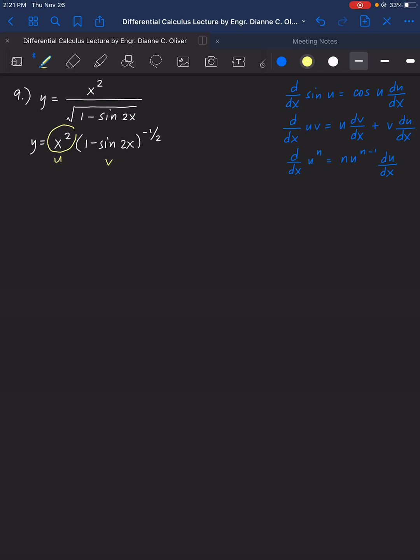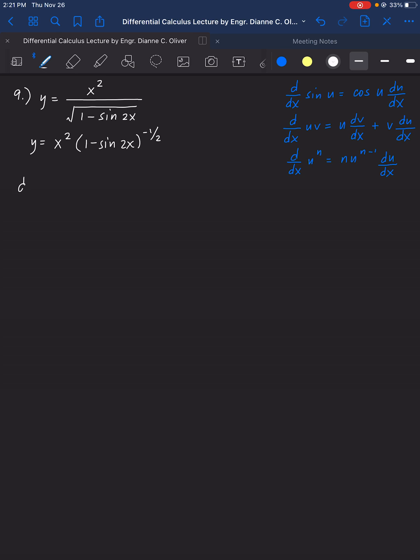So this is the u and this is the v for the derivative of a product. Then we will be using the power formula because of the presence of the powers here. Right? So let's begin applying all those patterns.